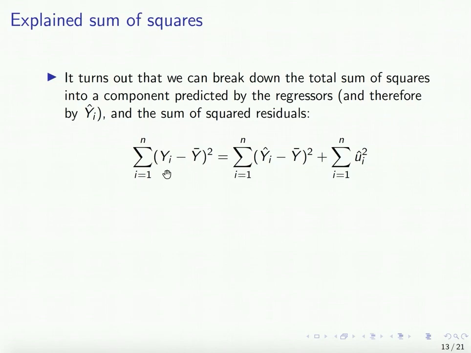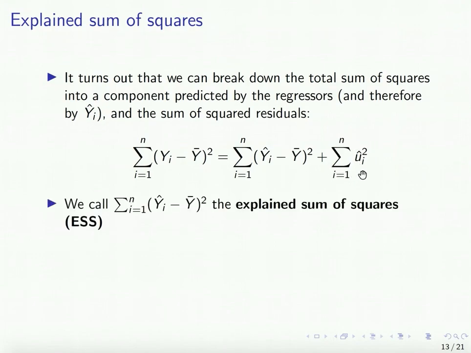So I said that yi is a combination of y hat, the part that your model is predicting, and the residuals, okay? So replace yi by y hat plus the residual, and note that you can express this expression as a component which is linked to the prediction of your model, and a component which is precisely what your model is not predicting.